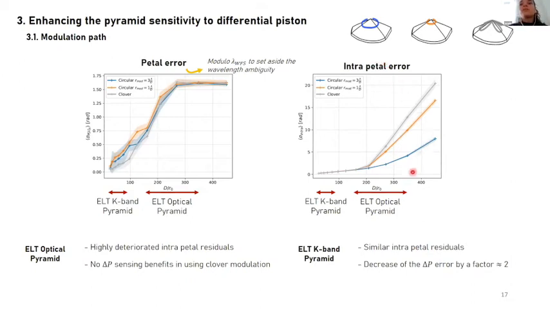And doing so, we really see that for a large D over r0, we have a divergence of the loop, which is normal because we have a very poor dynamic to sense the lower order modes. And this in turn also affects the petal sensing.